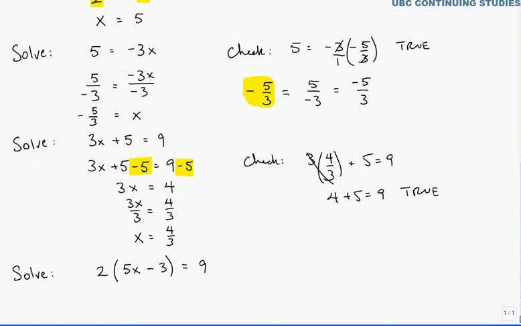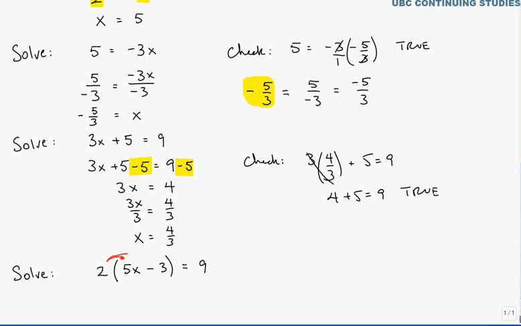Alright, one more involving the distributive law. So we have 2 times 5x minus 3 equals 9. There's almost always some flexibility in how you solve equations. I would suggest for this one, keep things in integer form first, which means just simplify or expand the expression on the left.